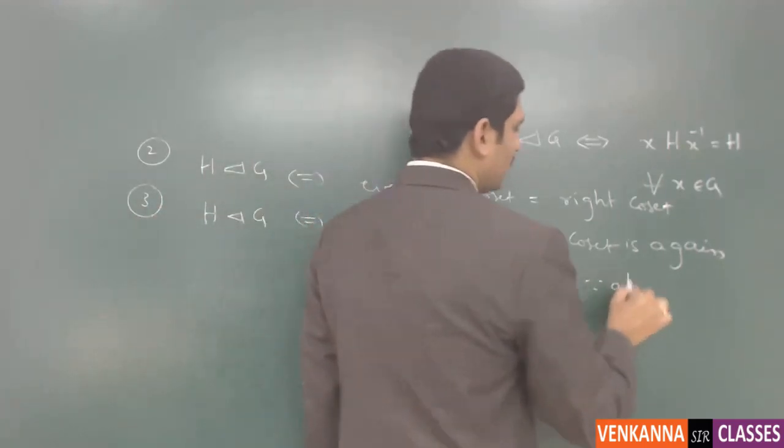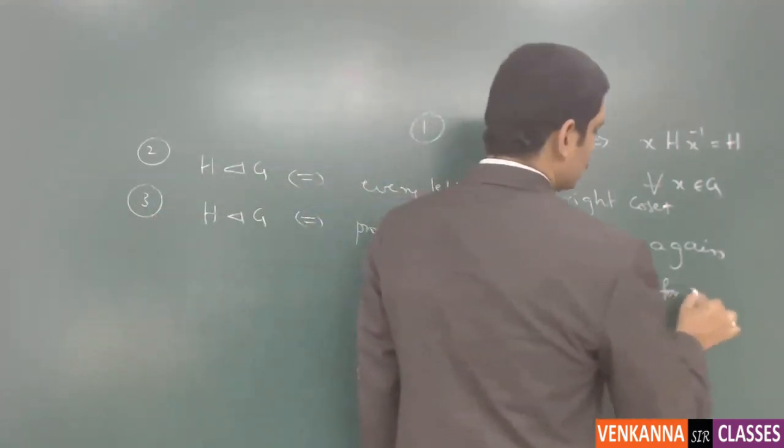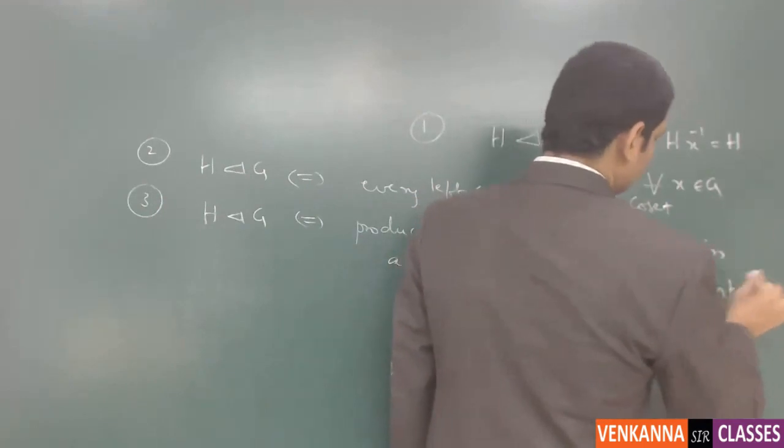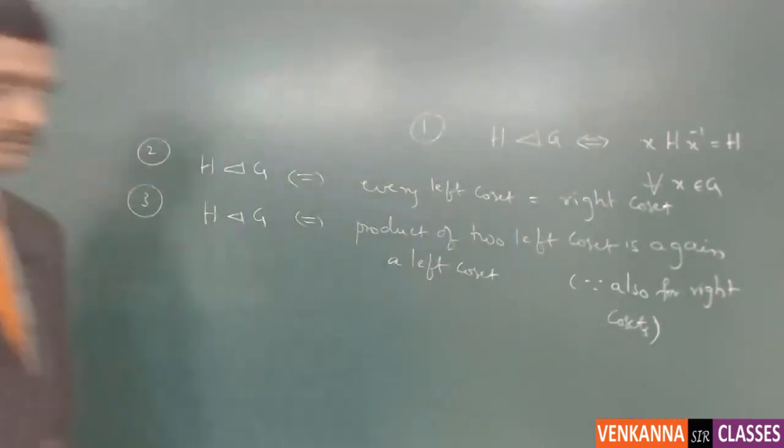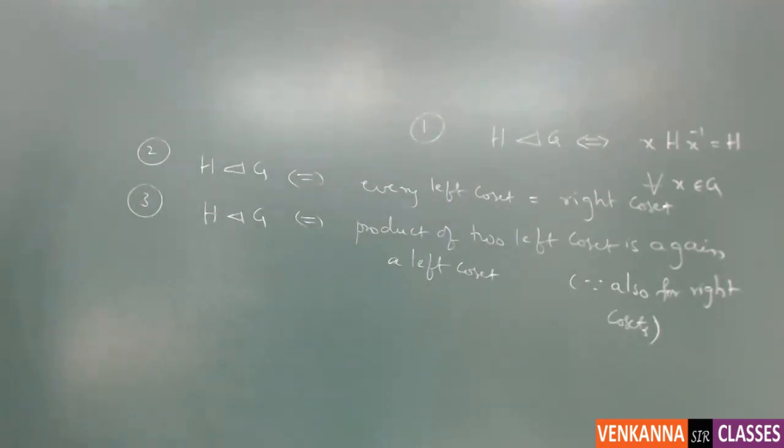This is also true for right cosets. You take a note of these, as we are going to discuss this result: H is a normal subgroup of G if and only if every left coset is equal to the right coset for the same element.